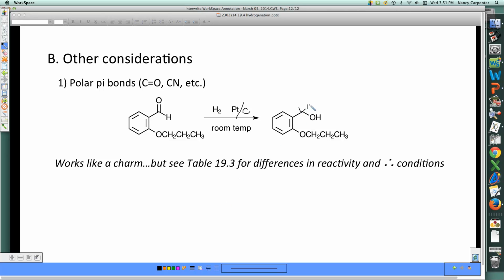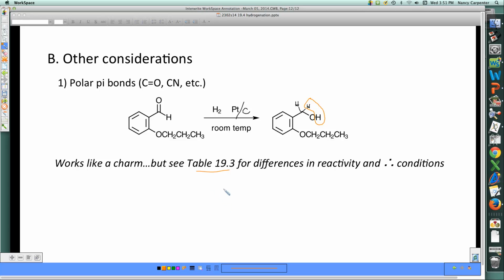There you go. You've reduced it by adding these two hydrogens. Works very well.